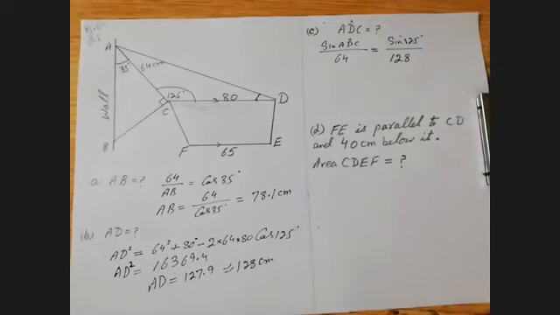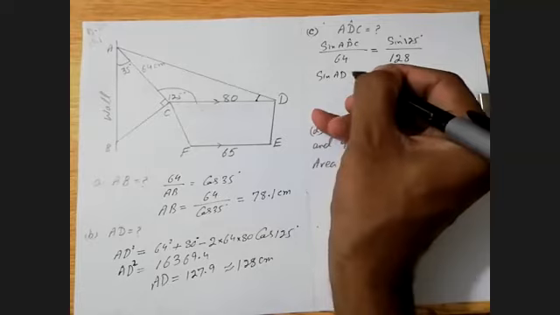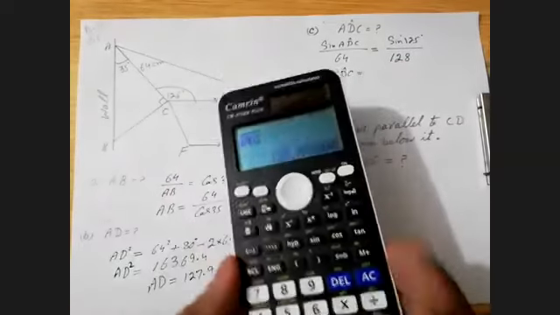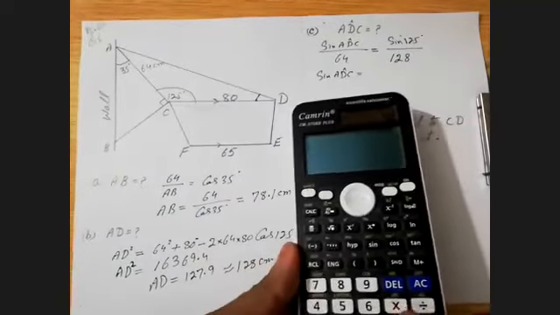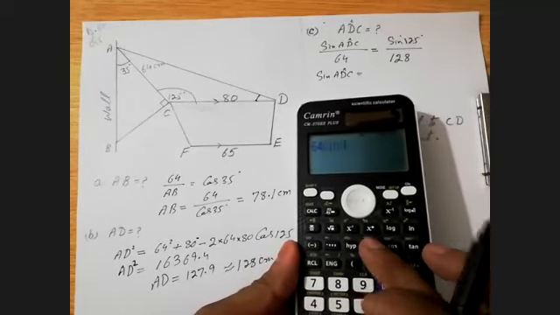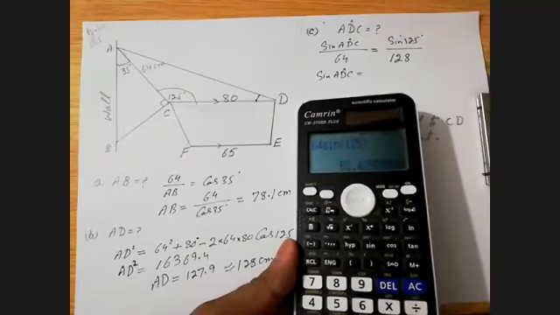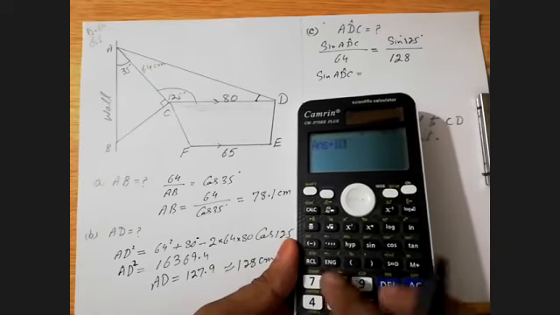Solving this, sine ADC is equal to 64 into sine of 125 divided by 128.